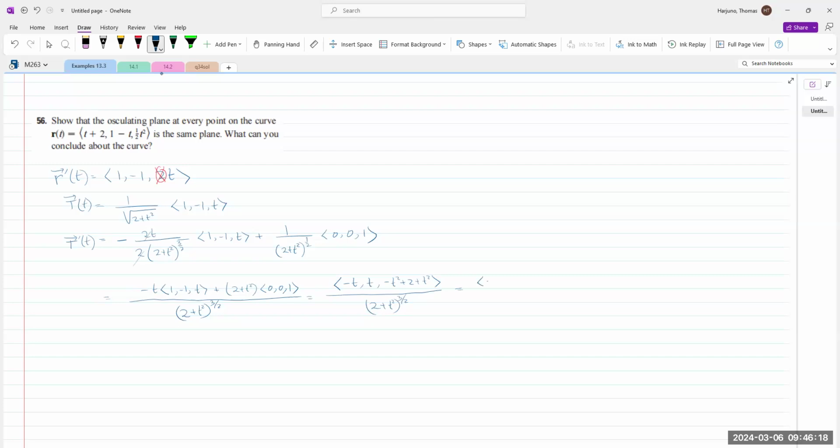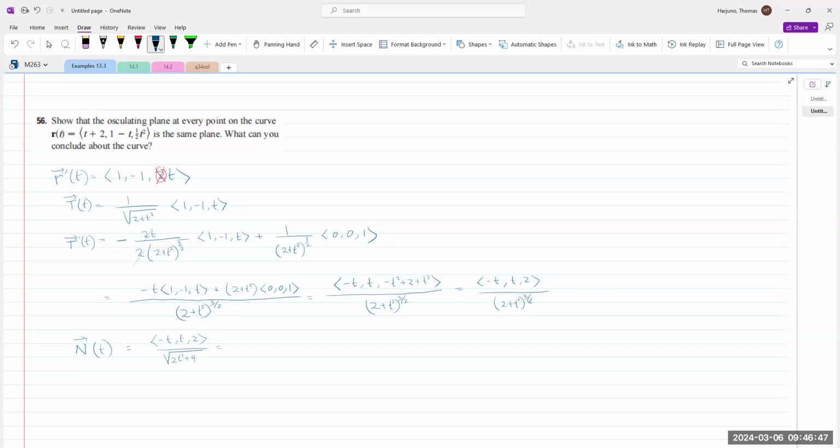This is basically negative t, t, 2 over 2 plus t squared to the power of 3 halves, such that the unit normal vector will be, notice that this is just the coefficients, so I can ignore that. Then my unit normal vector will be negative t, t, 2 over the square root of 2t squared plus 4.